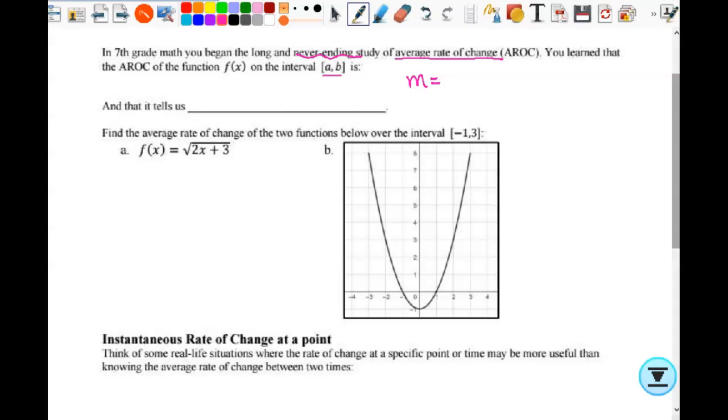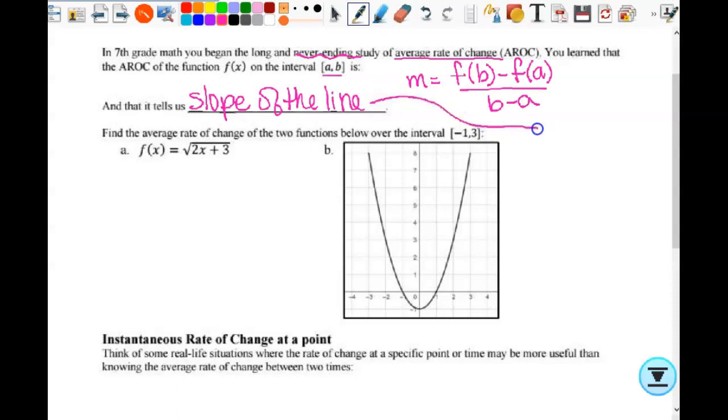So I would have f of b minus f of a over b minus a. All that is the slope formula. The f of's, those are my y values over the x values. That's all it is. Delta y over delta x. That's it. Okay? So that tells us the slope of the line, and there's not enough room here.